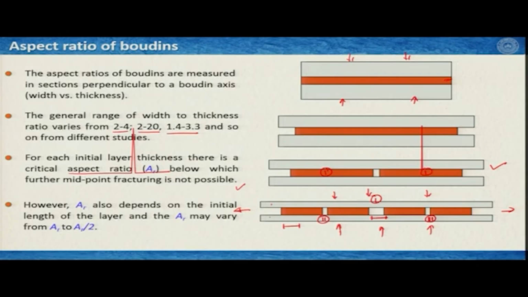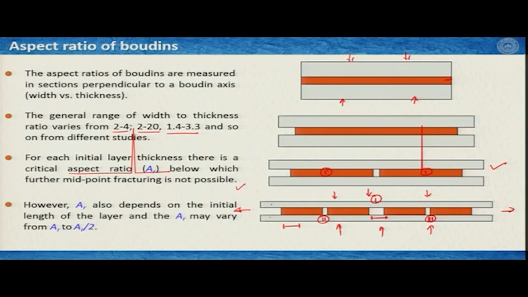Since this is larger than your critical aspect ratio, or AR, the segment will suffer further extension fracture to yield stable boudins with aspect ratio, in that case, 1.25. Now, if instead of 20 the starting layer segment has an aspect ratio of 30, we get a final aspect ratio of 1.875 for stable boudins.